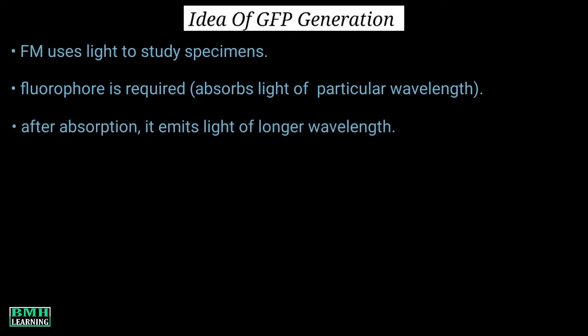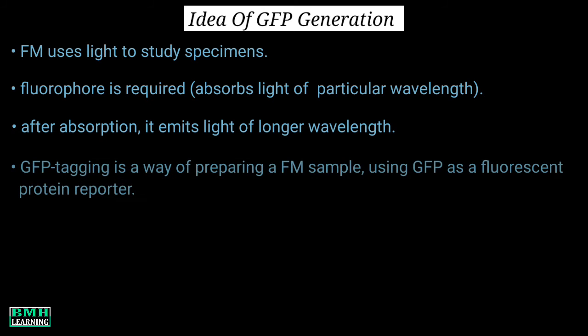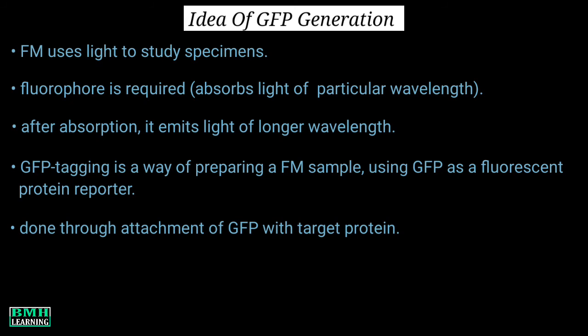And once it absorbs that light, it emits light of a longer wavelength. So GFP tagging is nothing but a certain way of preparing a fluorescence microscopy sample by using GFP as a fluorescent protein reporter. So basically, this is done through attachment of the GFP to the target protein.